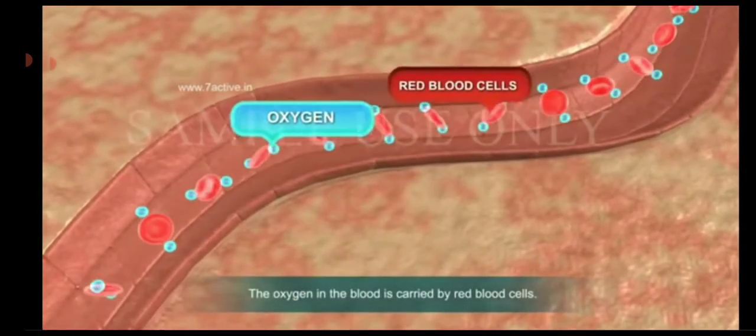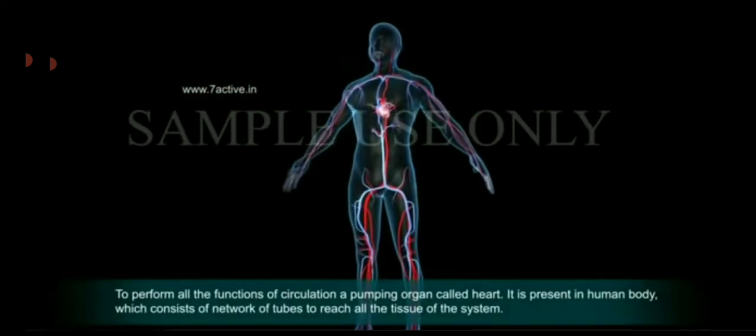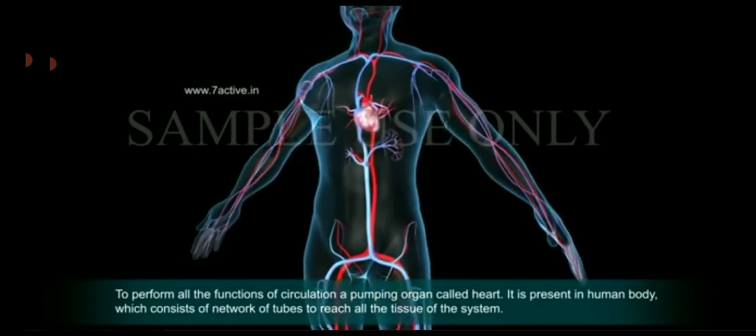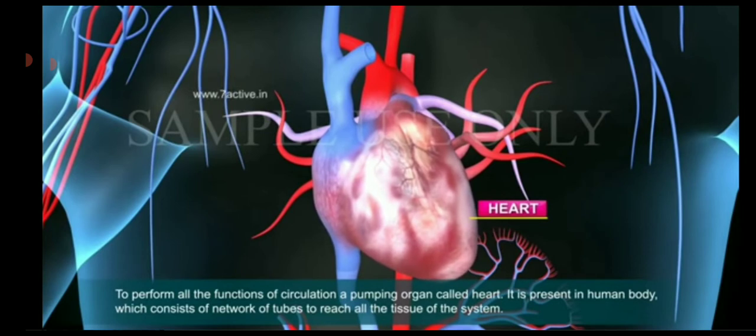Oxygen in the blood is carried by red blood cells. This is very important. To perform all the functions of circulation, a pumping organ called the heart is present in the human body. It consists of a network of tubes to reach all the tissues of the system.